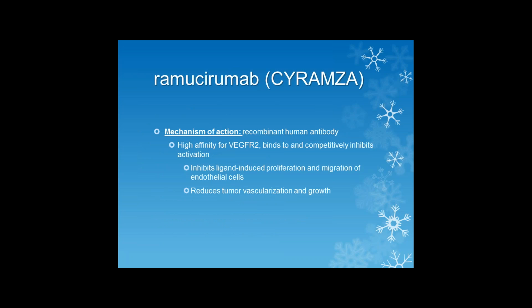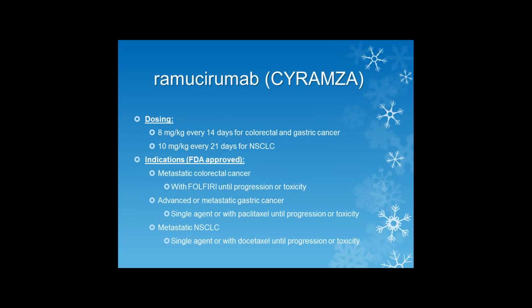So it's similar to bevacizumab in that it reduces tumor vascularization and growth. Dosing for this one is a little different based on the indications, as you can see there. It is FDA approved for a couple of different types of cancer: colorectal cancer, metastatic gastric cancer, and non-small cell lung cancer.